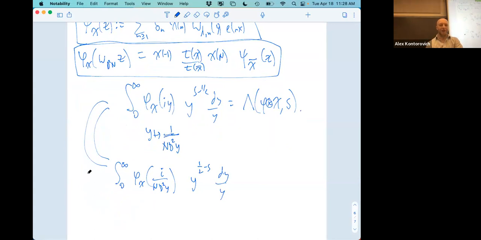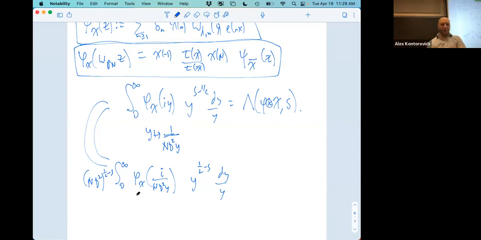And there's a factor of n d squared to the half minus s. Well, this thing is what's going in for y now. This is what's going in for y here. So I get an n d squared to the half minus s, just like here.